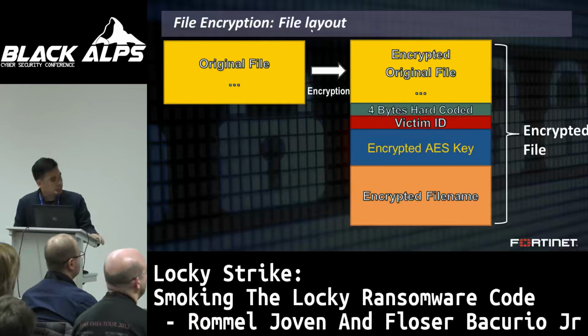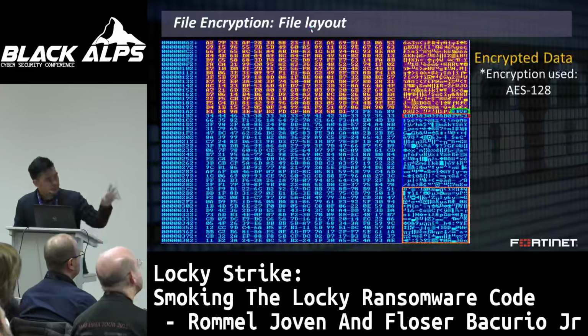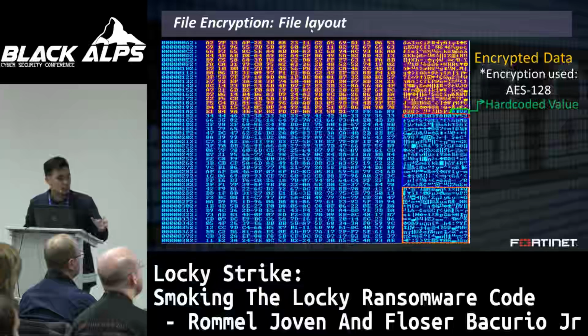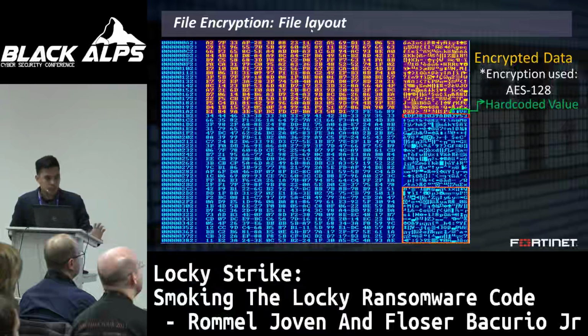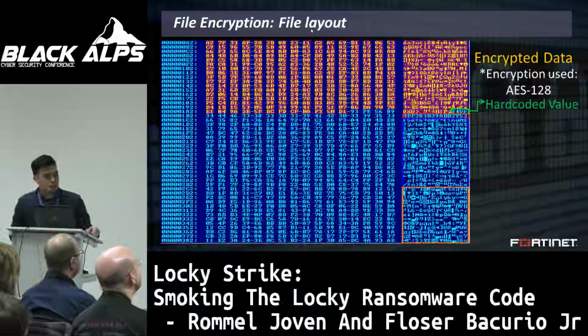To prove this, we have an actual layout of a file. The first part is the encrypted data, which again was encrypted by the AES. Then we have here the 4 bytes hard-coded value. This hard-coded value is important for Locky since this will be its reference. So when it gets the file, it knows where to find it.